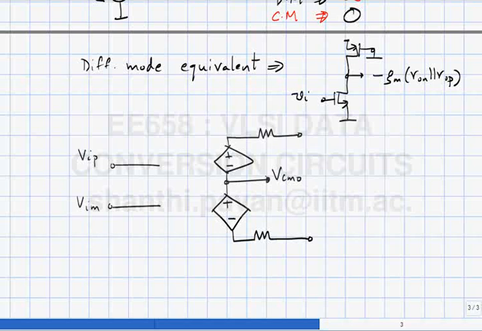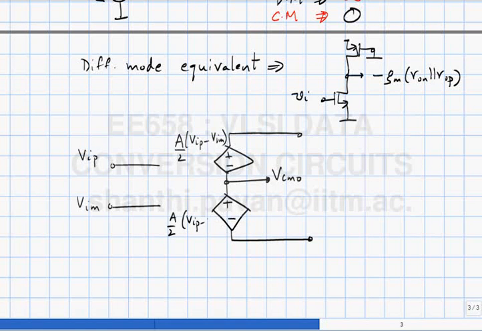In this example, this is one example of how you can model a fully differential operational amplifier.